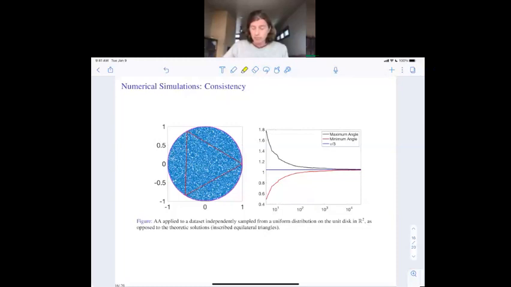And as I sample more and more points, this is n here, the minimum and the maximum angle of the triangle go to the angle for the equilateral triangle, pi over 3. So this is just illustrating the consistency result.